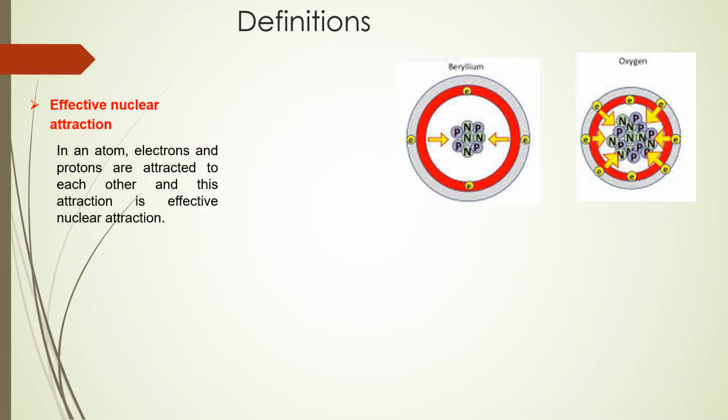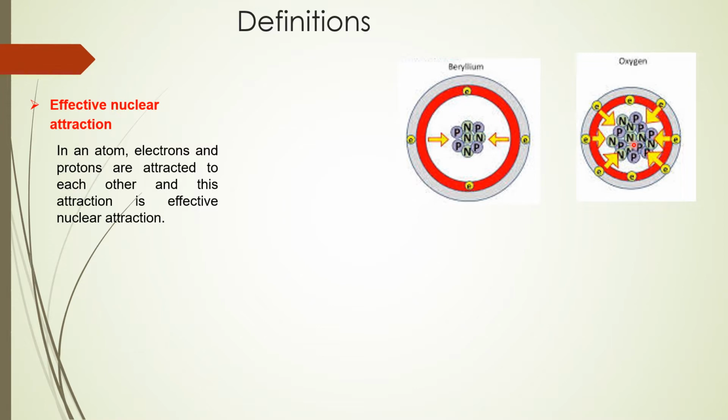The reason why that happens is the number of electrons around beryllium is 4, while the number of electrons around oxygen is 8. So there is more attraction between the electrons and the protons in oxygen. That's why the electrons are pulled in closer, so the atomic radius is going to decrease.